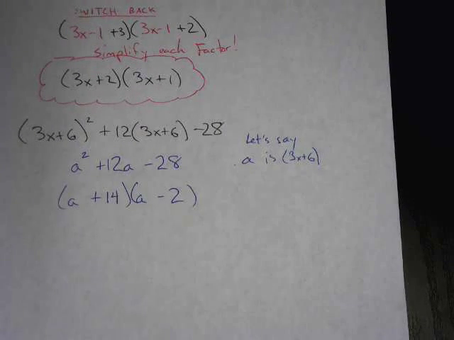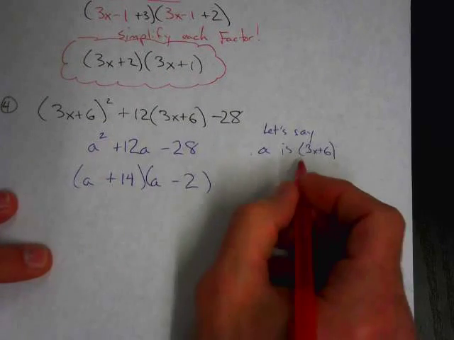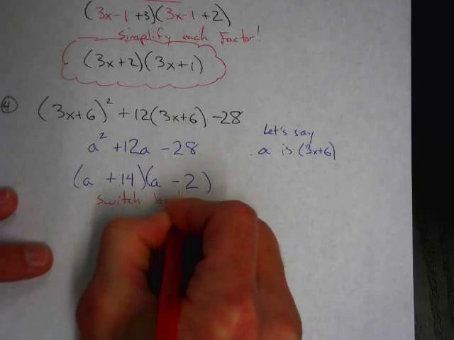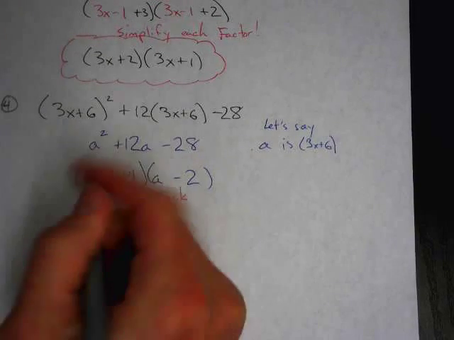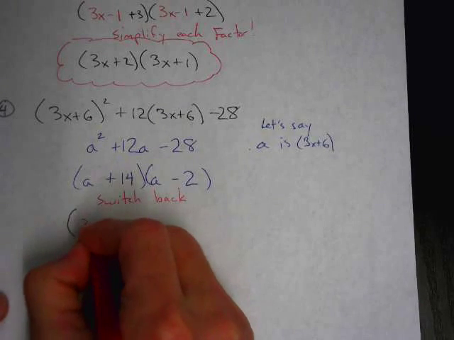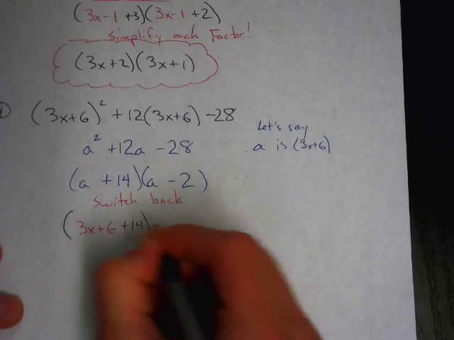Okay, so that mental math process is fun in that method. So now we have our factored quadratic trinomial, and what we're going to do is switch back. Because we said a is 3x plus 6. So when we switch back, instead of a plus 14, we're going to have 3x plus 6 plus 14.